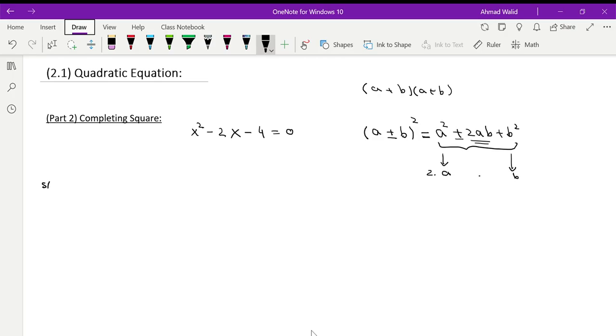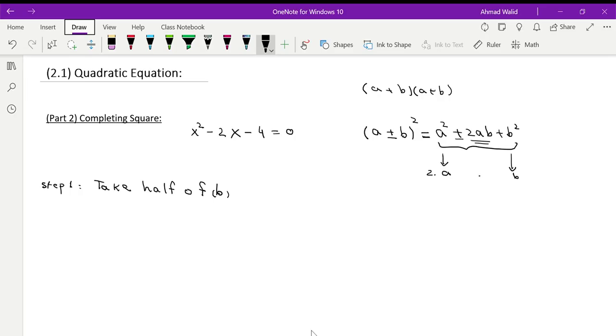Step 1. Take half of b. I will write b, but I'll explain what b is. I know you're sure because we discussed a lot the general form of quadratic equations.